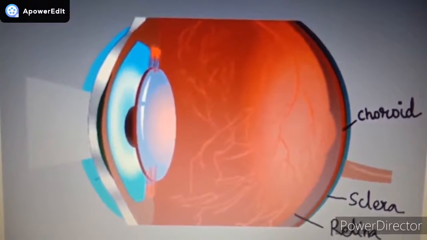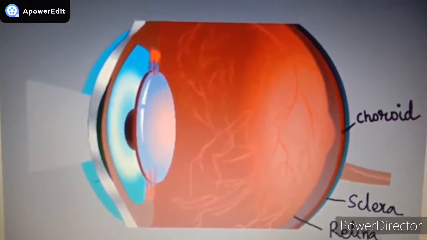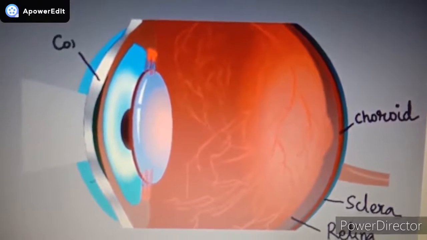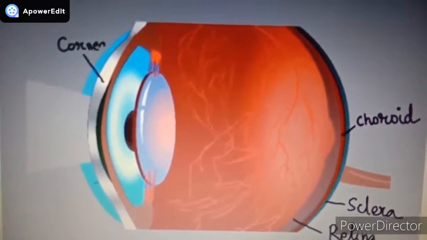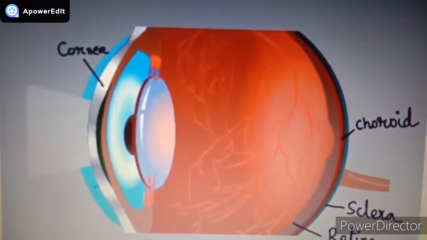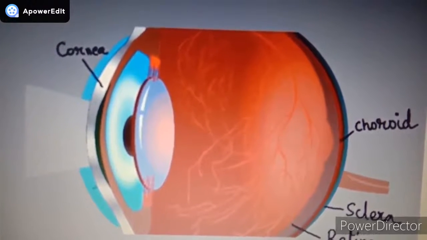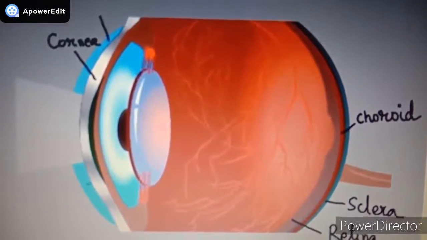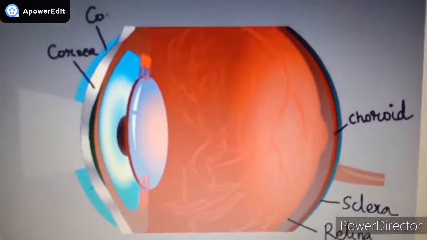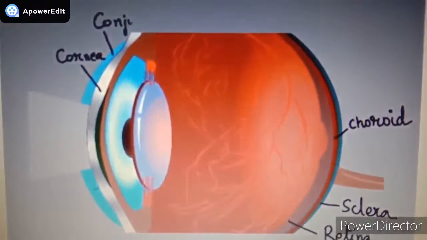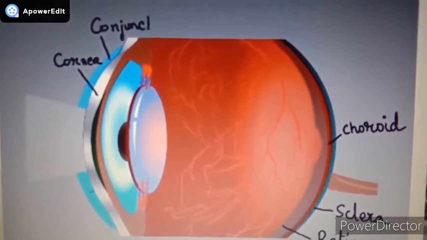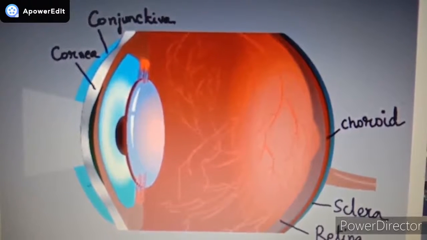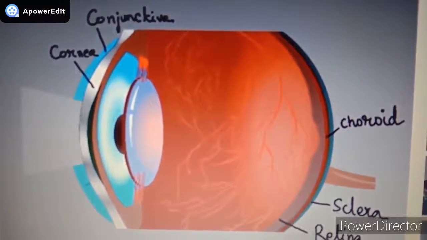Now the sclera in front of the eye forms the cornea. Here you can see in the diagram. That cornea is protected by an outermost covering known as the conjunctiva. So this is the conjunctiva. In the diagram you can see it protects the cornea.